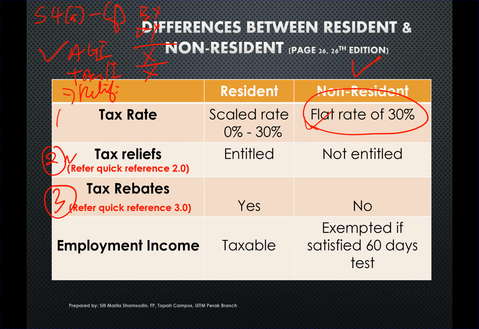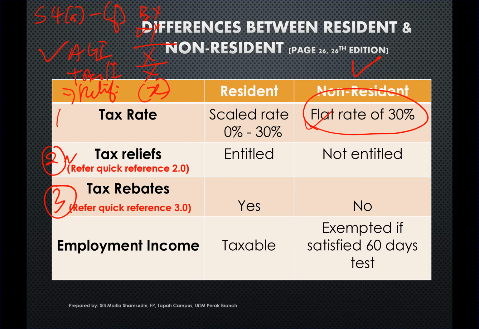The list of reliefs is very lengthy. For example, the purchase of a laptop, the purchase of books, child relief depending on how many children you have, and so on. These are the things that the taxpayer can claim. Relief means that in the tax computation we will deduct it.